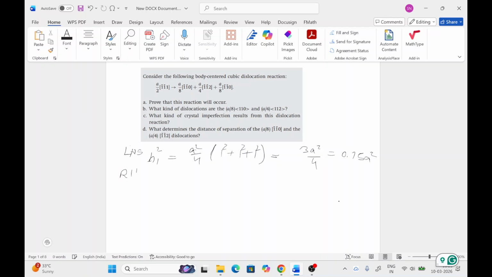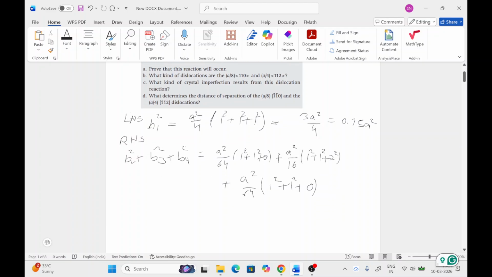For the right hand side, b2 square plus b3 square plus b4 square will be a square by 64 times (1 square plus 1 square plus 0), plus a square by 16 times (1 square plus 2 square), plus a square by 64 times (1 square plus 1 square plus 0). These terms are the same.